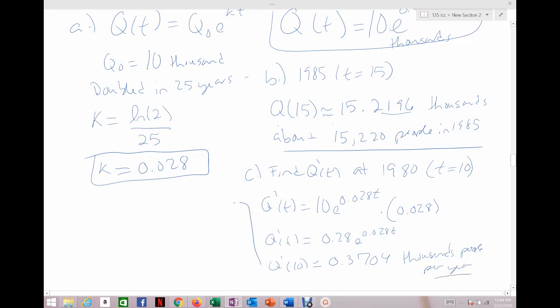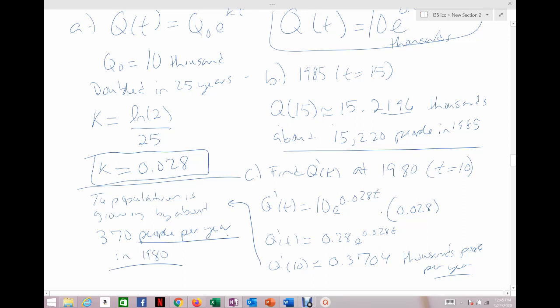I'm going to clean that up a little bit and write up here: the population is growing by about, since I'm going to round, 370 people per year in 1980.